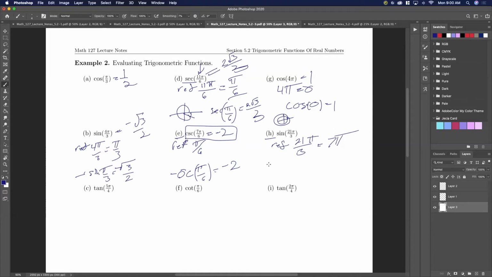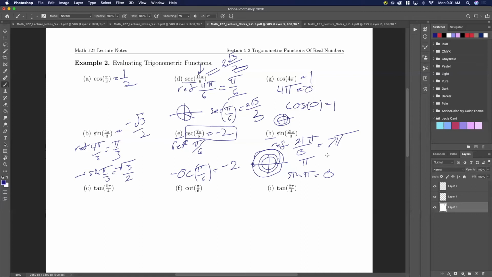And notice 7 pi means you're going over 2 pi, 4 pi, 6 pi, and then 7 pi. So my reference angle here is pi. Does that make sense, guys? Yeah, pi is the reference angle. So sine of pi is equal to 0.